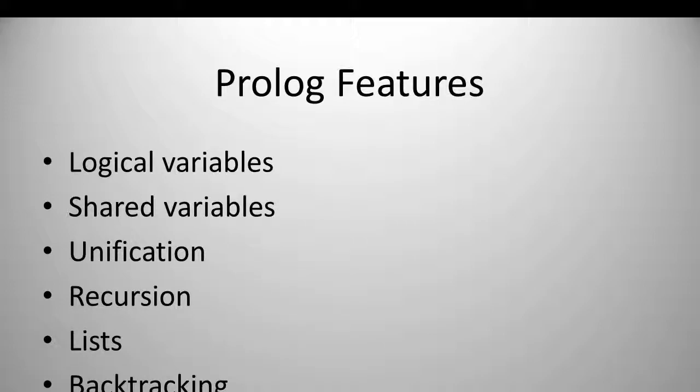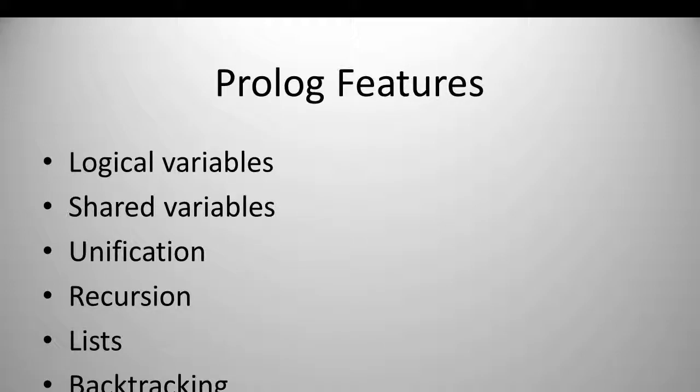And there are shared variables and unification, which basically substitutes variables in terms so that they're identical. You could have multiple rules that are the same, and when you query that rule, you get multiple answers depending on whether they become true.